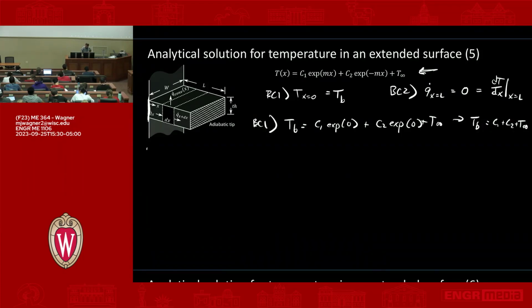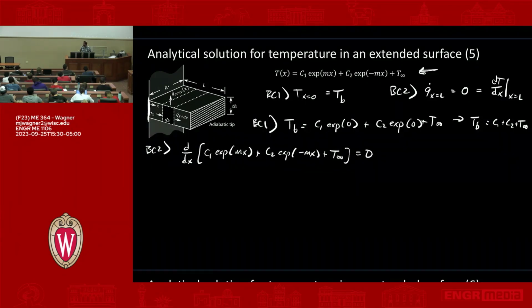Second equation, BC2, Q dot at x equals L. Let's just skip to the dT/dx part. So we're going to say d/dx of temperature, dT/dx. Our temperature equation, again, is C1 exponential mx plus C2 exponential minus mx plus T infinity.